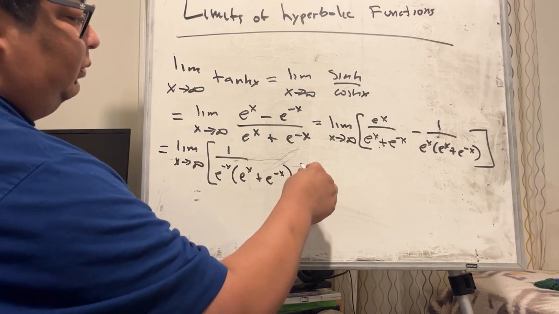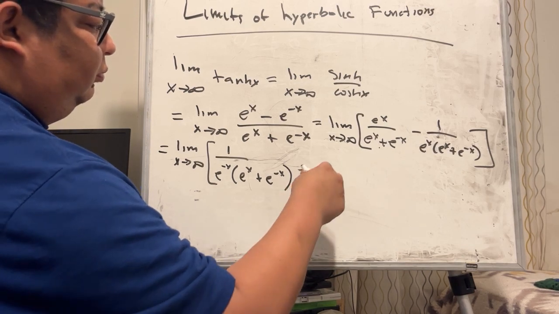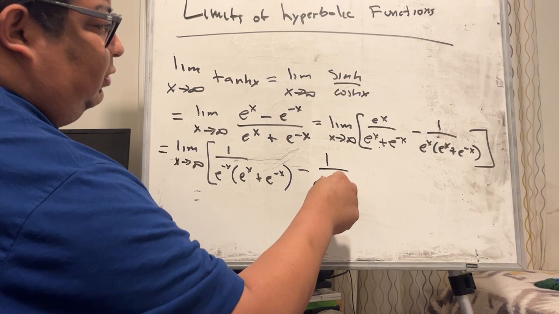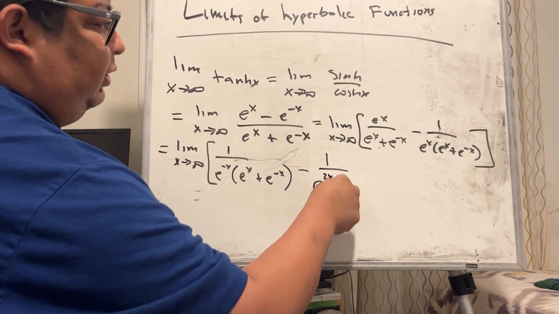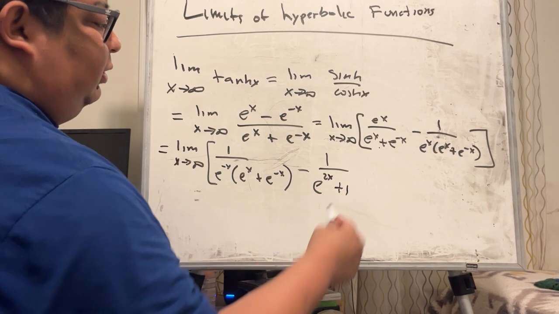Okay, and then we leave as e to the 2x and then plus 1.